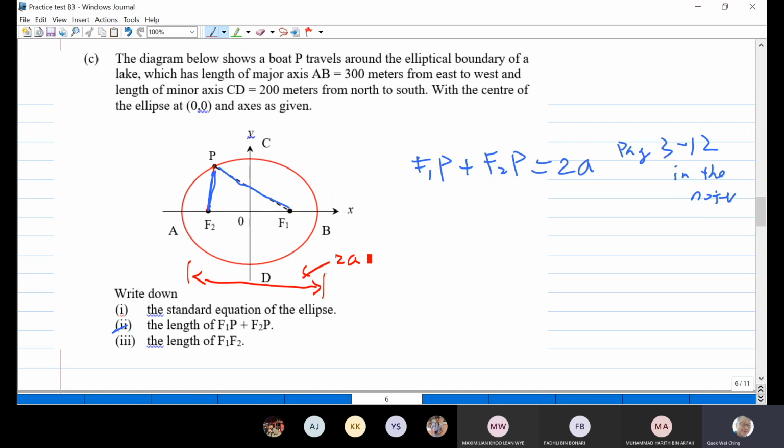It's actually 300 here. So that means 2a is actually 300 now. So this is how you know the length.